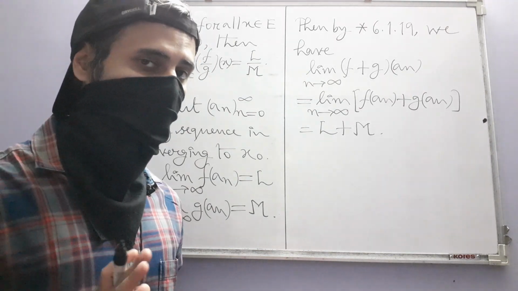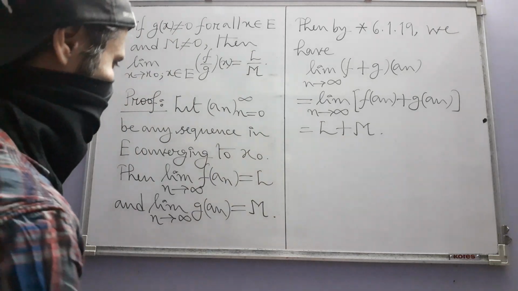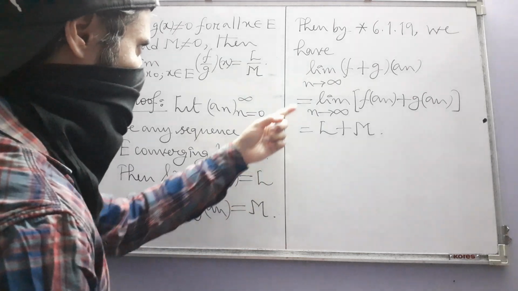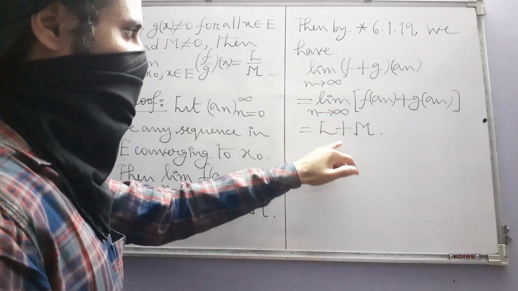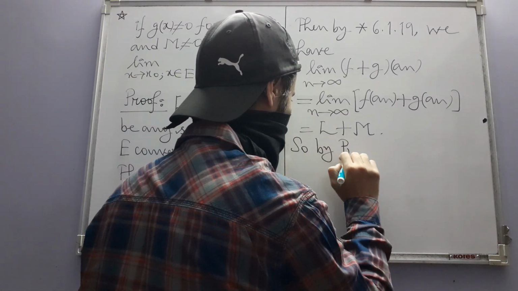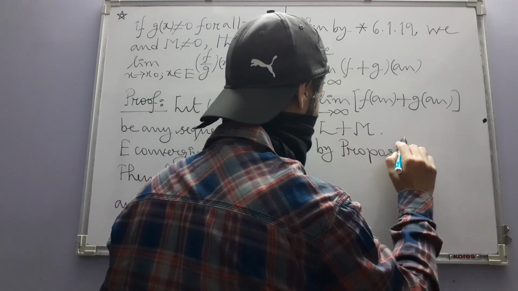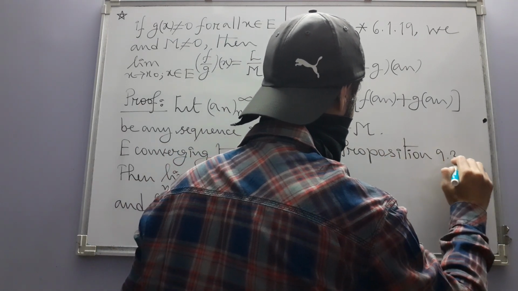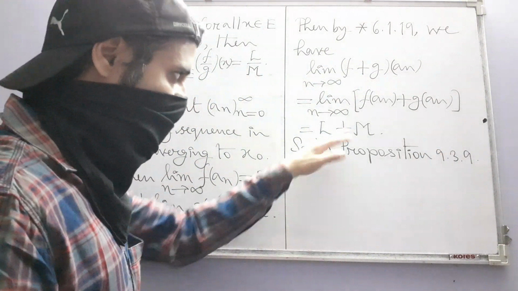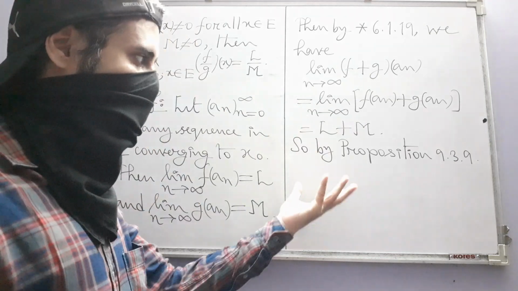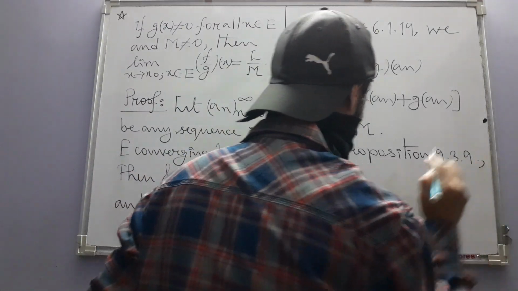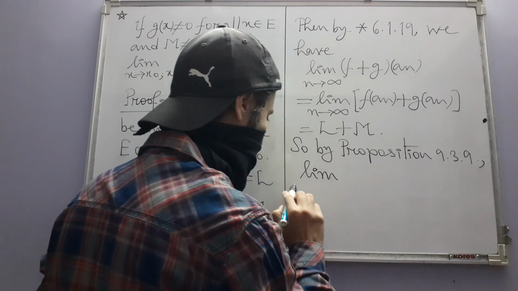Now are we done? We are not done yet. You see, we have shown that if an is any sequence in E converging to x naught, then f plus g of an converges to L plus M. So by proposition 939, that means the second statement B in that proposition is what we have shown, and since that statement is equivalent to A, we can go to A from this and conclude this.